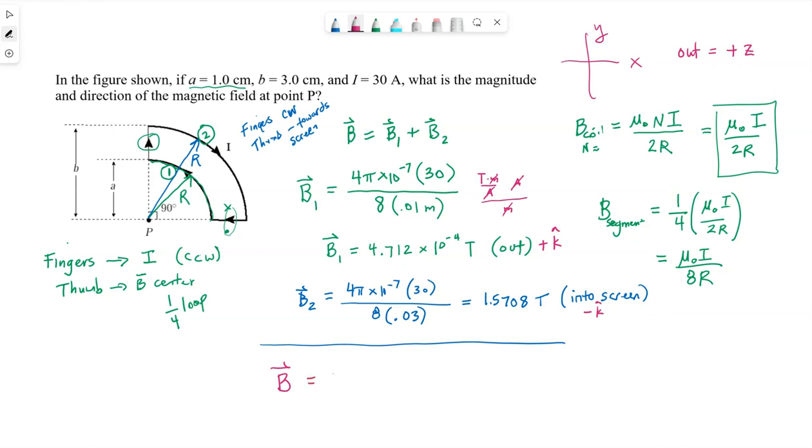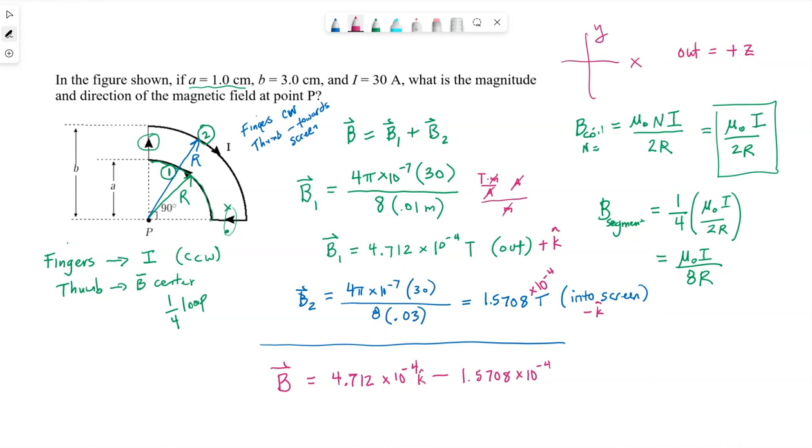We're going to take these two numbers times 10 to the negative 4 minus, oh, I missed my times 10 to the negative 4 right here for B2. I apologize for that. Didn't get that written down. And so both of these are k-hats.